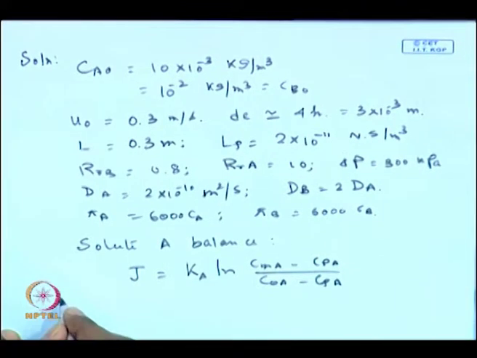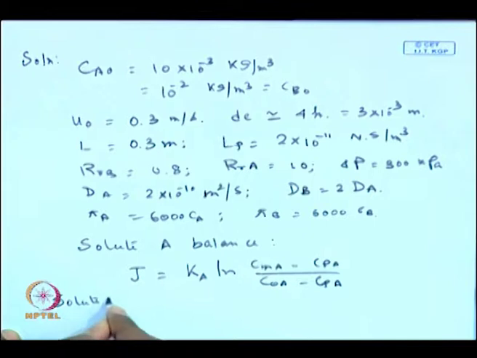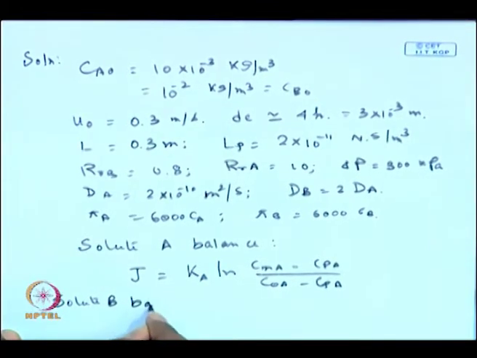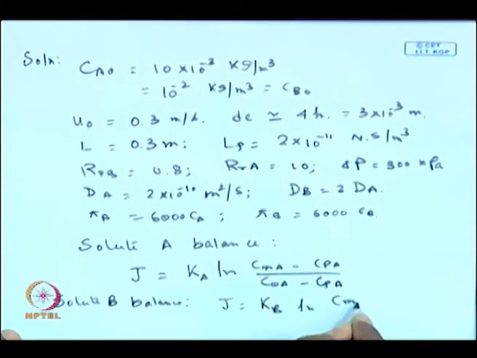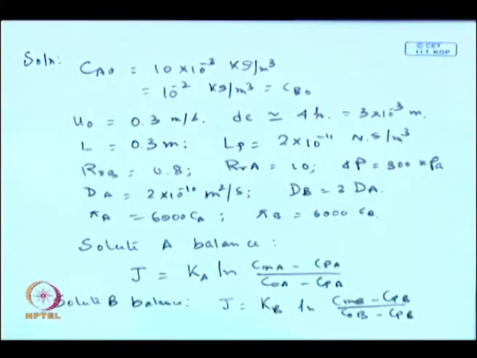Solute B balance will lead you to J is equal to Kb ln of (Cmb minus Cpb) divided by (C naught B minus Cpb), at the steady state.